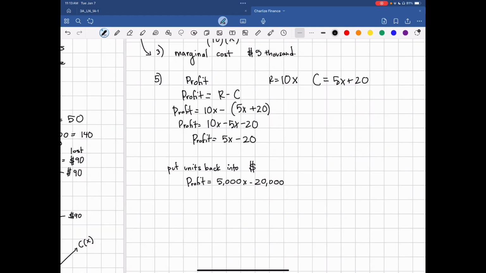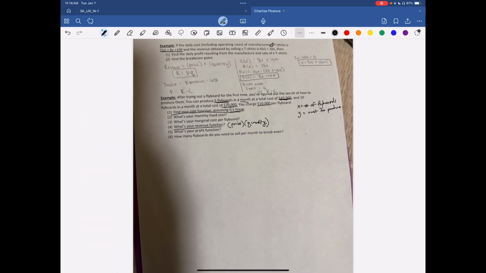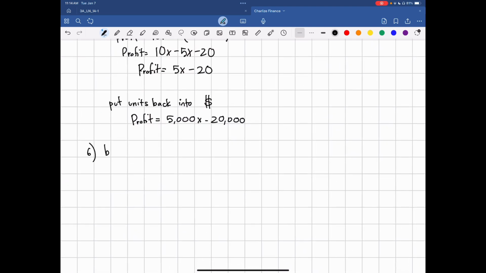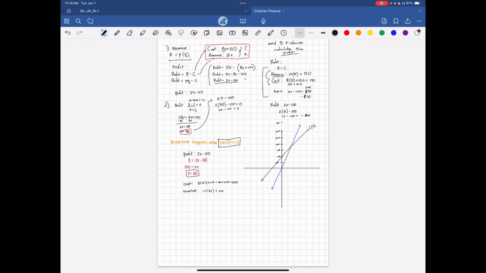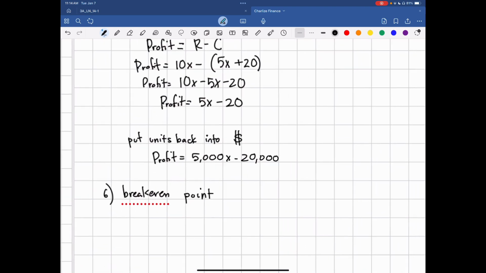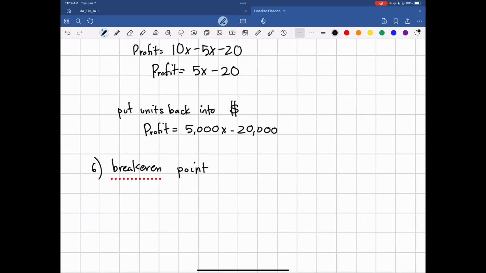And then number 6, what's the break-even point. Once again, as I showed you earlier, the break-even point is a direct application of what you learned in pre-calculus, or I don't remember if it's pre-calculus or algebra, but it's an application of what it actually means to do a system of equations when you're solving for two variables given two functions.